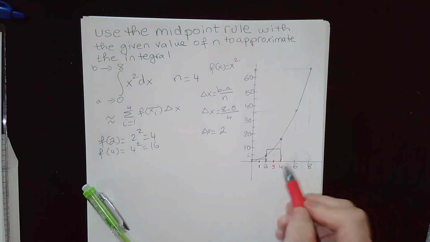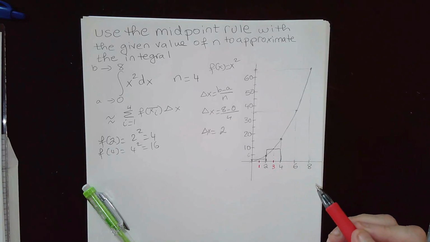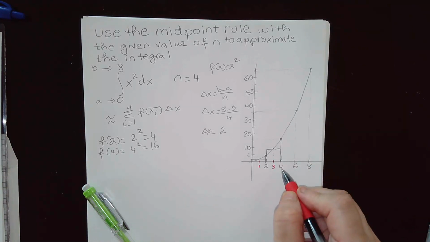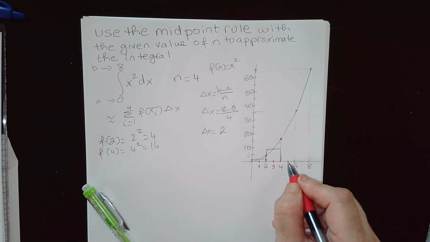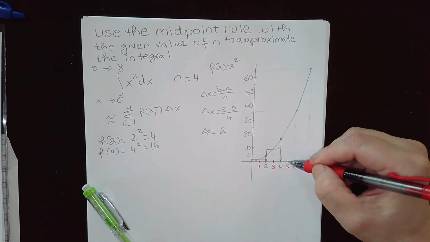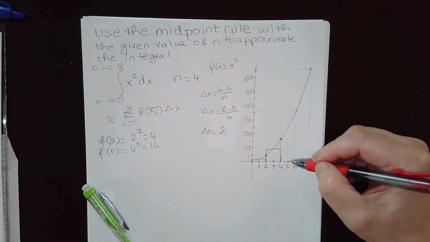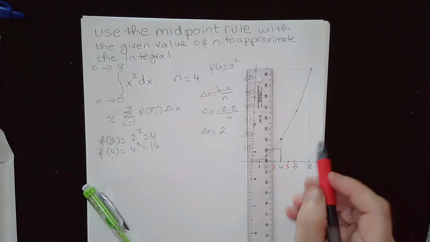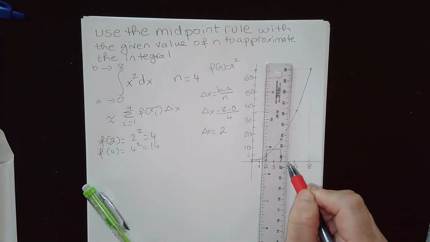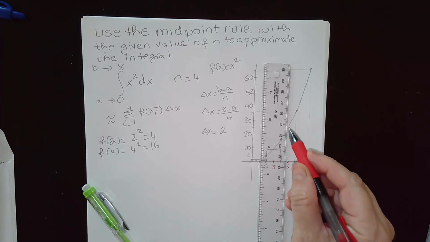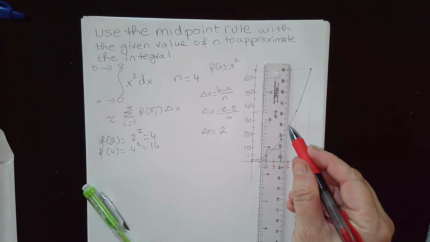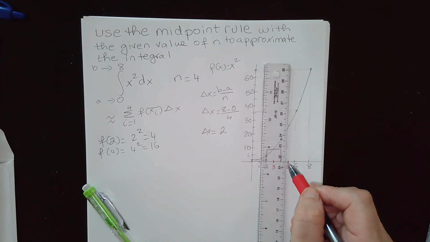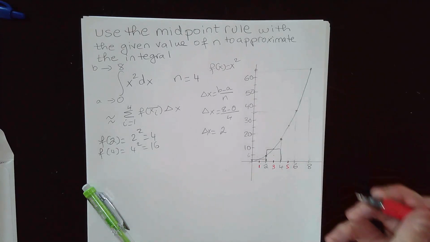Okay, and the midpoint of the next rectangle, between 4 and 6, is 5. And if you have to, you can also bring a ruler just to make it hit the right point. It's up to you. So this is where it hits the graph for the midpoint of that rectangle.